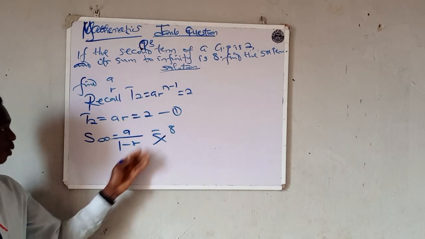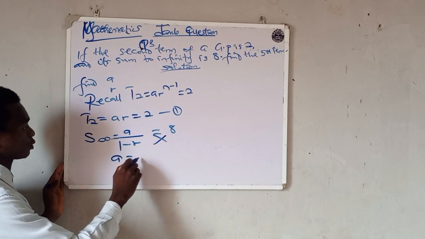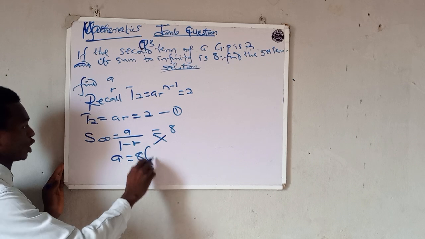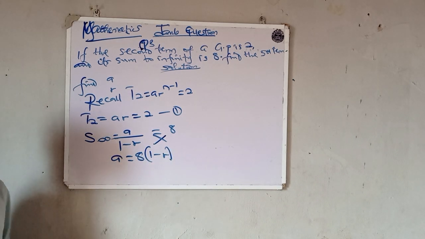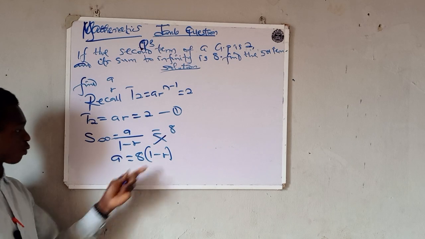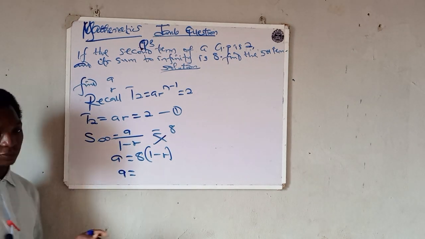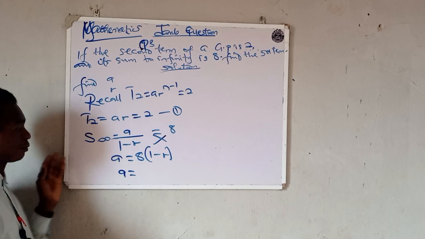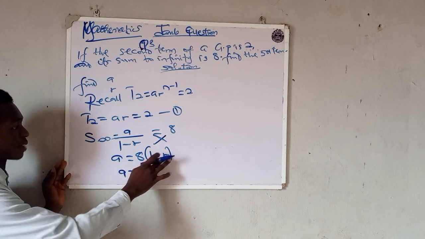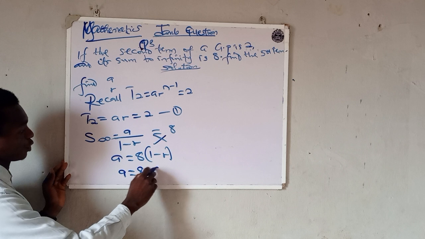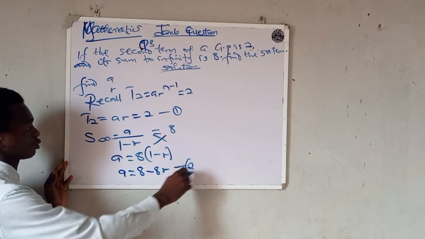When you cross multiply, your A will be equal to 8 into 1 minus R. Let's open the bracket. Our A will be equal to 8 times 1, which gives you 8, minus 8 times R, which gives you 8R. This forms equation 2.